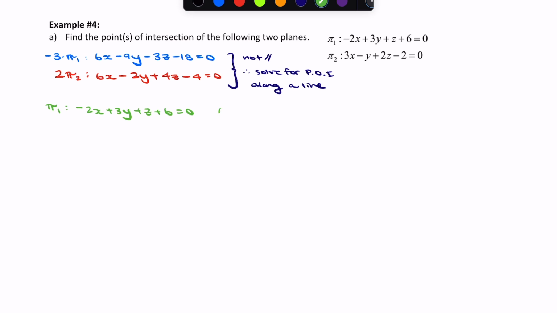And again, here we're just going to isolate for z, since it already has a coefficient of 1, and so it just makes it easier. So here we get z is equal to 2x minus 3y minus 6.